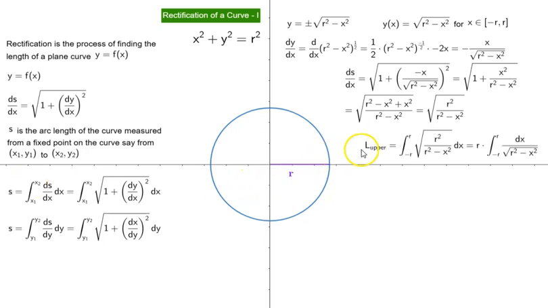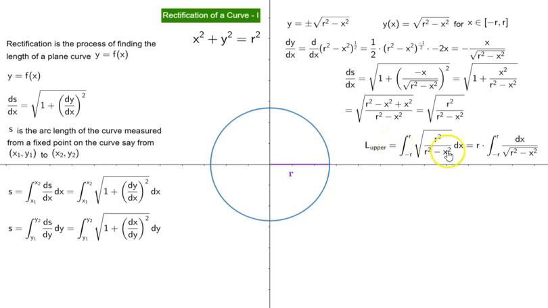So the length of the arc, the upper part, is equal to the integral from minus r to r of square root of r square divided by r square minus x square dx, which is equal to, now r is a constant, take it out of the square root, becomes r.